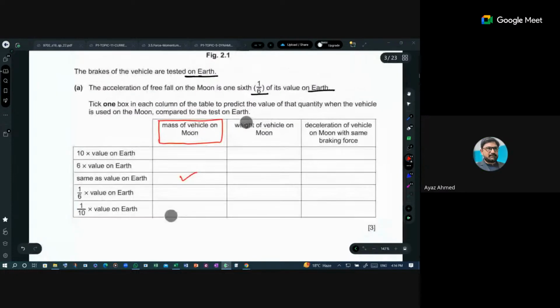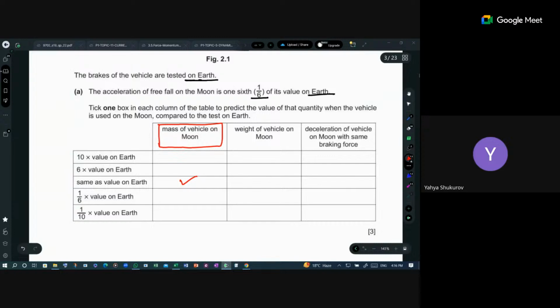Really? Okay. Then let me know what is the weight of the vehicle on the moon. My weight is 1/6 the value of Earth. Very good. Okay, and the deceleration of the vehicle on the moon with the same braking force?